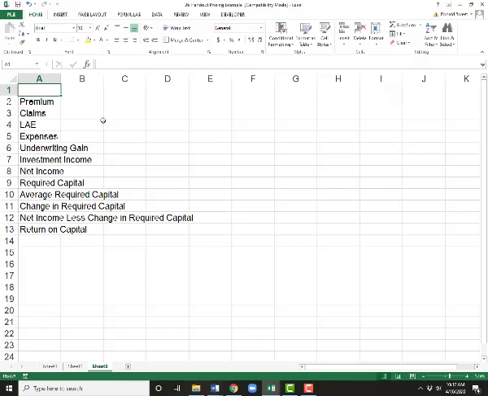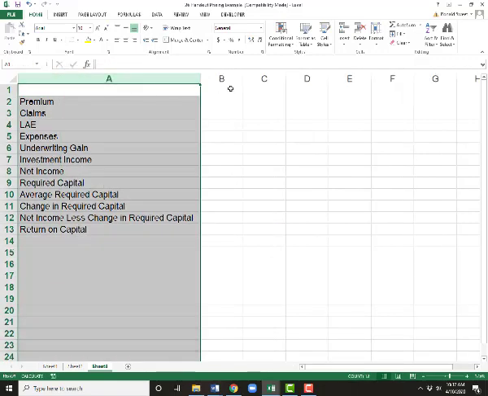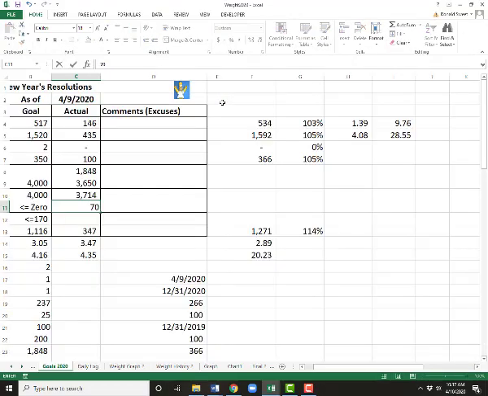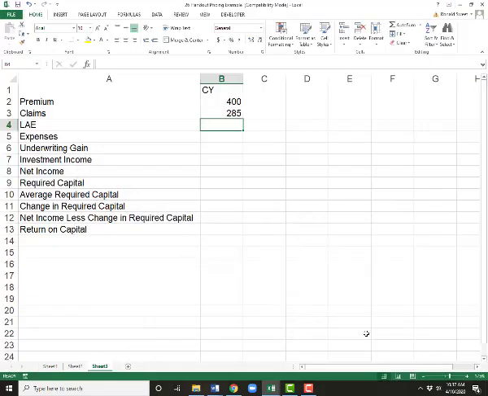So when you set it up, you'll do the current year. So the current year we had 400 in premium, 285 in claims, 35 in LAE, and 70 in expenses.